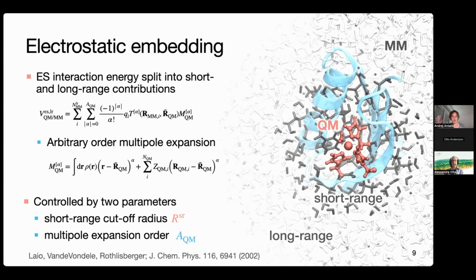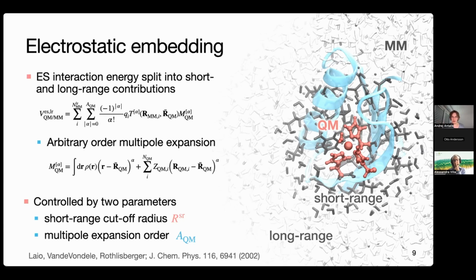And then you have long-range atoms, and these long-range atoms only interact with the multipole expansion of the charge density in the QM region. And this drastically reduces the number of integrations we need to perform in each MD step and saves a lot of time.